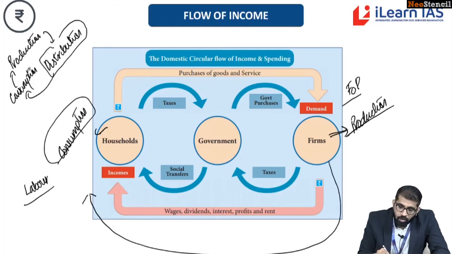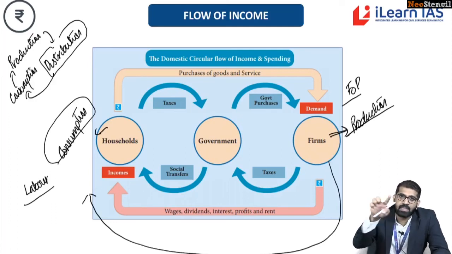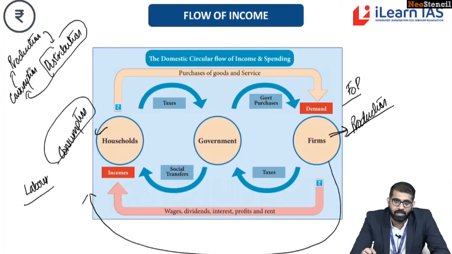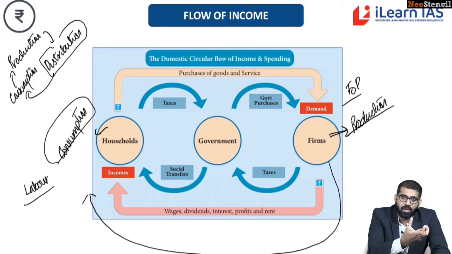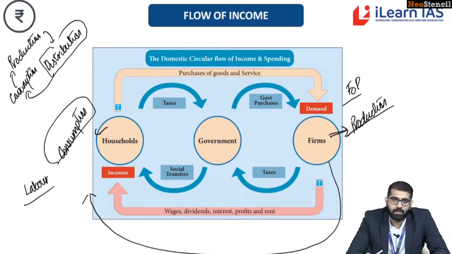So when the household purchases goods and services from the firm, they will have to make payment to the firm. Clear? So this is how a larger circular flow of income takes place. From the firms, income reaches the household, and out of the income that the household has, they purchase goods and services produced by the firms.